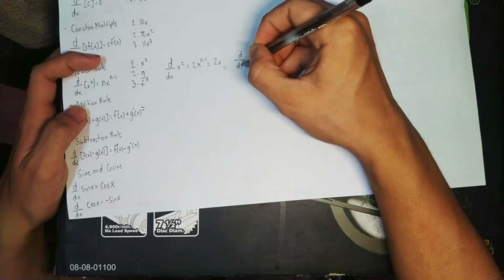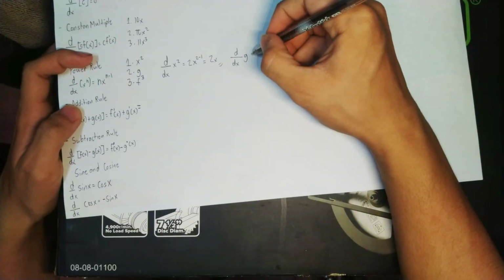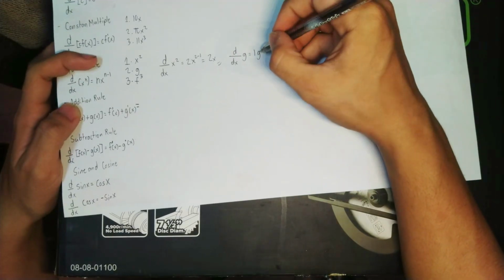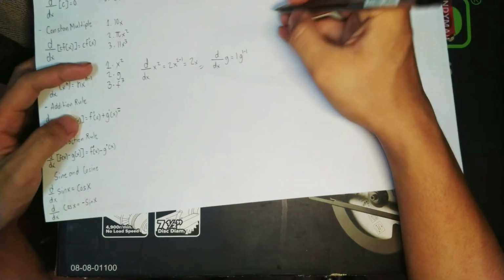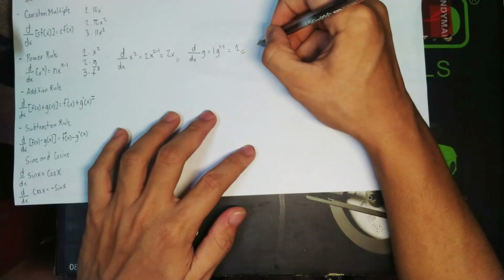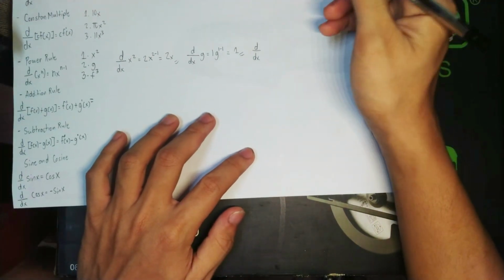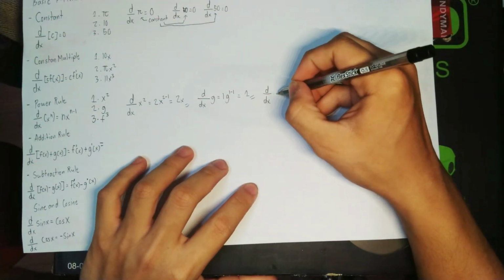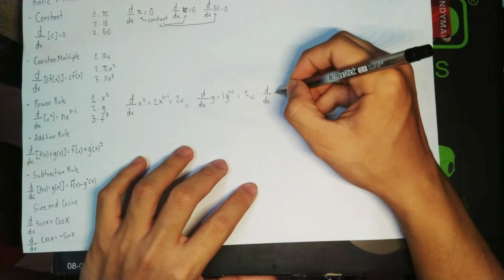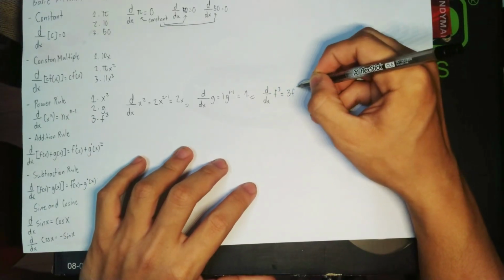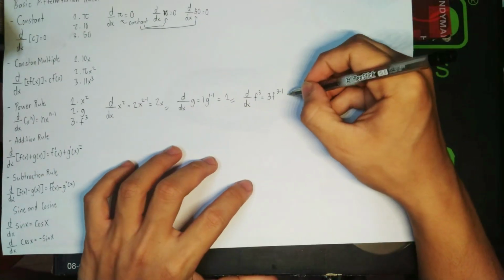So basically, the x squared will be turned into, you take the n, which is the 2, and move it right next to the x, so you get 2x raised to 2 minus 1, which becomes just 2x. Just like for g, you move the raised to 1 next to the g, and the raised to 1 will be removed.